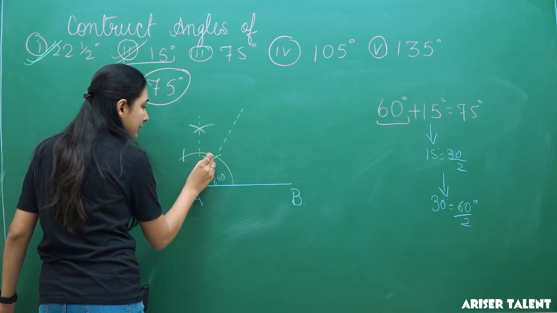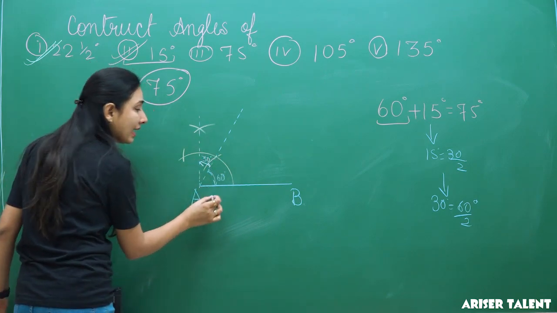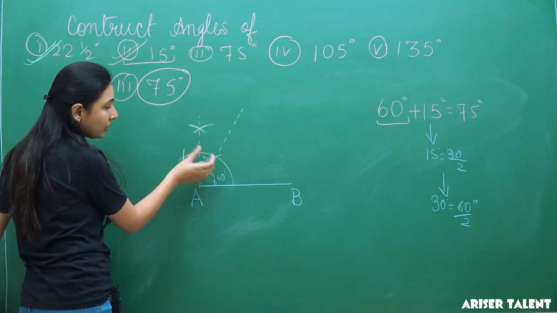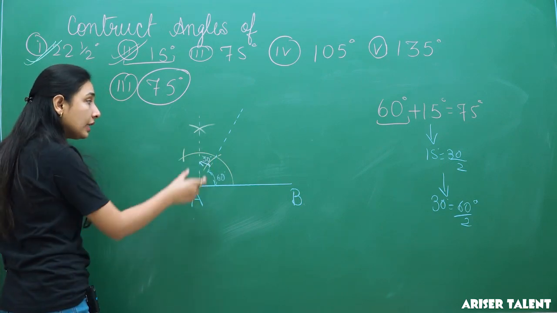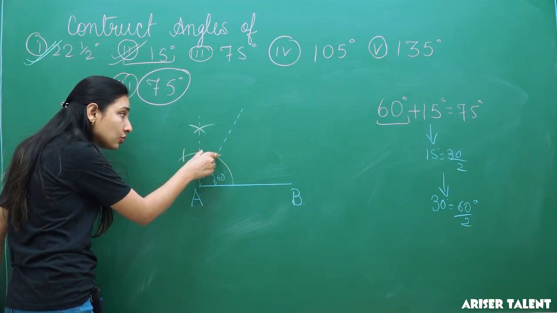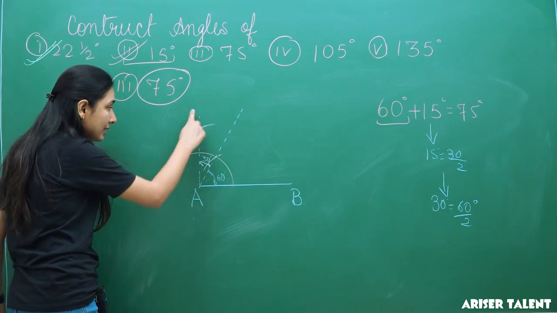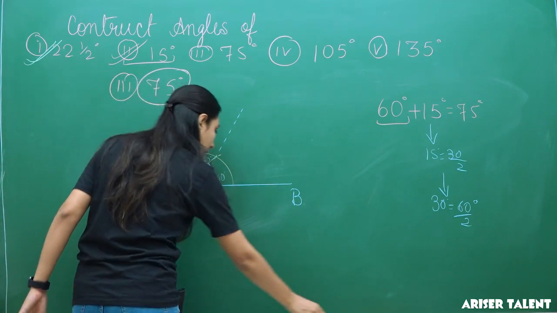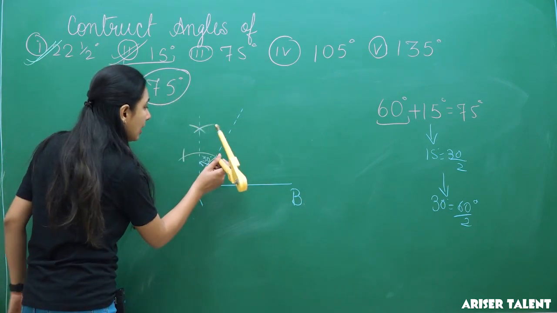Okay, this angle is 30 degree. This complete angle is 90 degree, but this particular angle is equals to 30 degree. Now I have to bisect this angle, so I'll do accordingly.